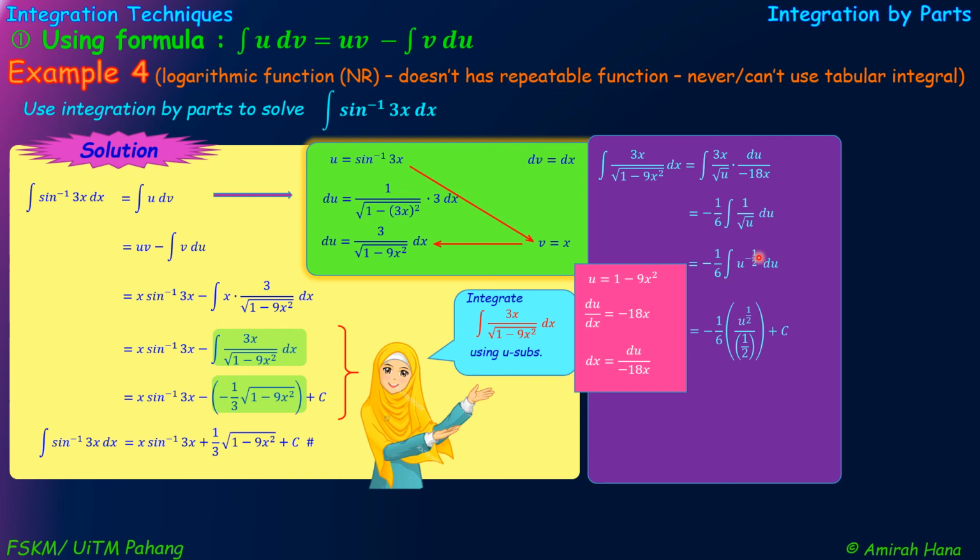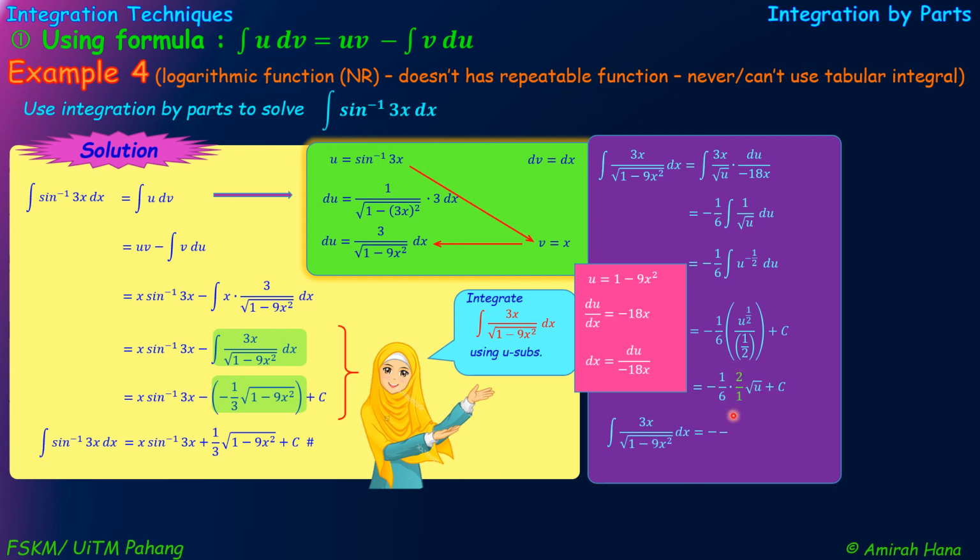And when we integrate using the power rule, we add 1 to the original power. So we still have negative 1 over 6, and then u to the power of negative half plus 1 equals positive half, and then over negative half plus 1 equals positive half here, and then plus c. And after that, we have negative 1 over 6, and then divide by half means multiply by 2 over 1. And then u to the power of half means square root of u plus c.